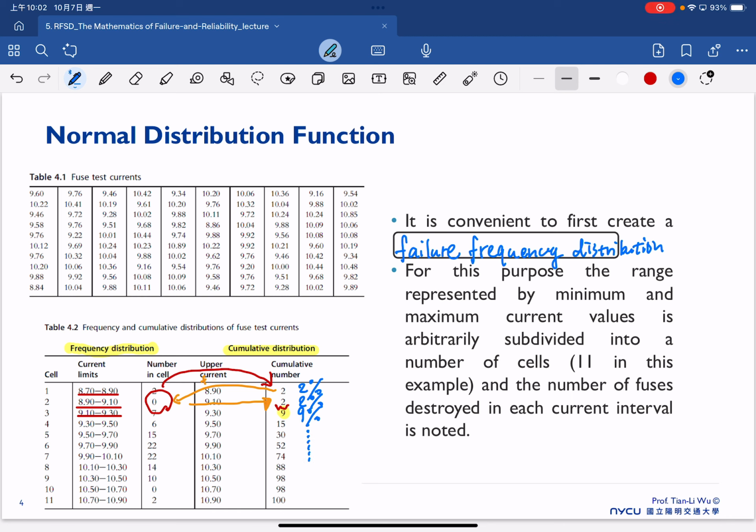With this exercise and so on, in the end this value will reach 100%. That means with a testing current below 10.9 amp, every fuse is broken.